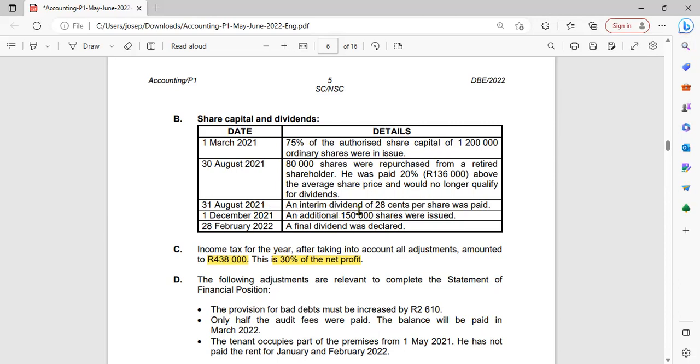So for the interim dividend of 28 cents per share that was paid, we are simply going to calculate it by first finding the number of shares that qualify for dividends.